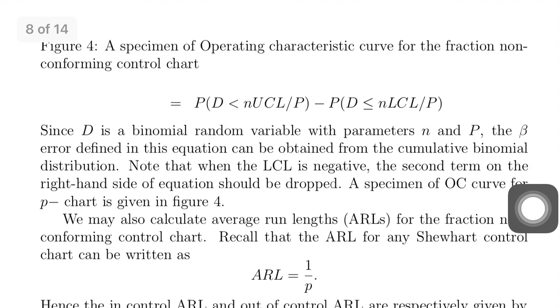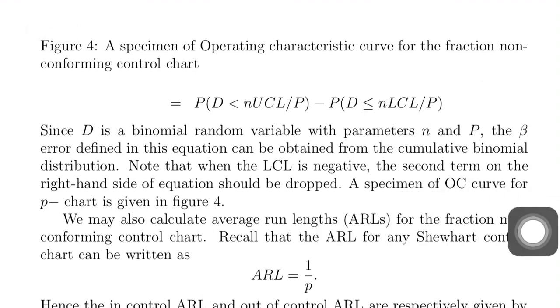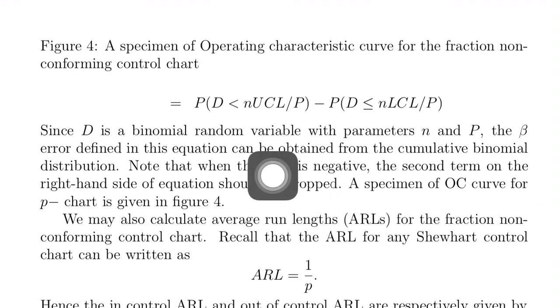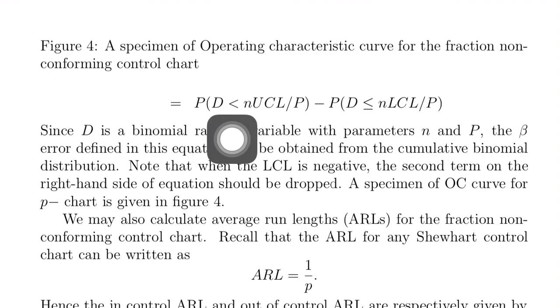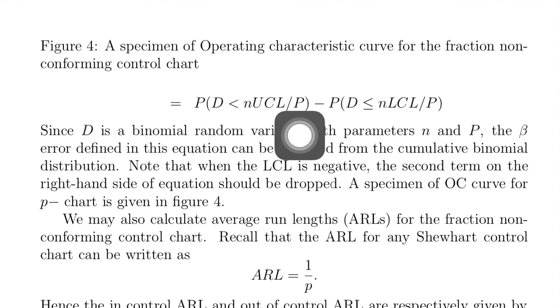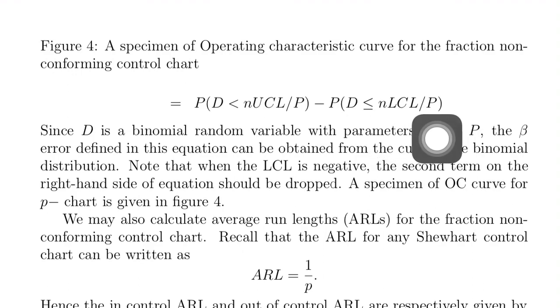And you can have a specimen of such an OC curve. How do you draw the OC curve? As I have mentioned, beta of P is equal to the probability that D is less than n times UCL given P, minus the probability that D is less than or equal to n times LCL given P.